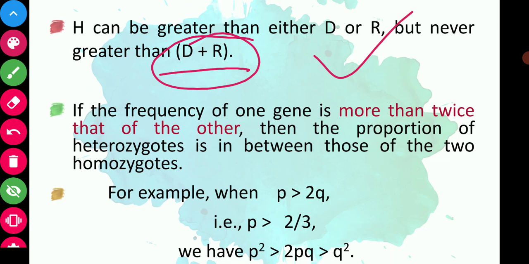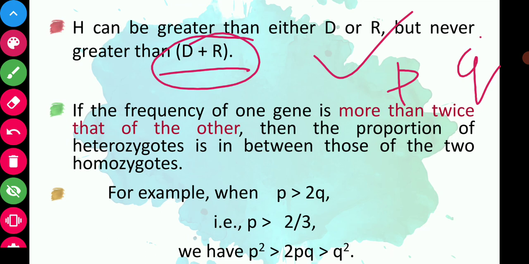Another property: if the frequency of one gene is more than twice that of the other gene. What it wants to say is, suppose we have two alleles, p and q. Suppose the frequency of the p allele is more than twice that of the q allele.